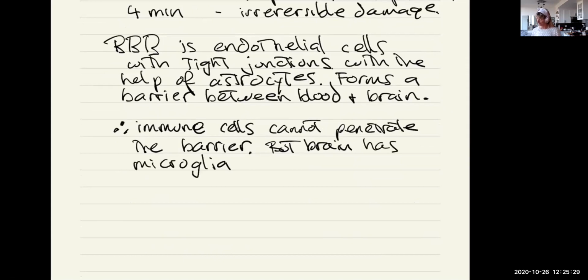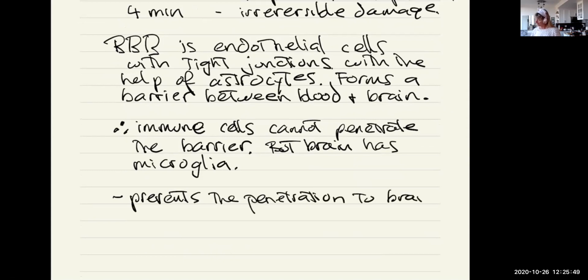So this blood-brain barrier also, importantly, prevents the penetration to the brain of possible blood-borne pathogens, like bacteria or viruses.